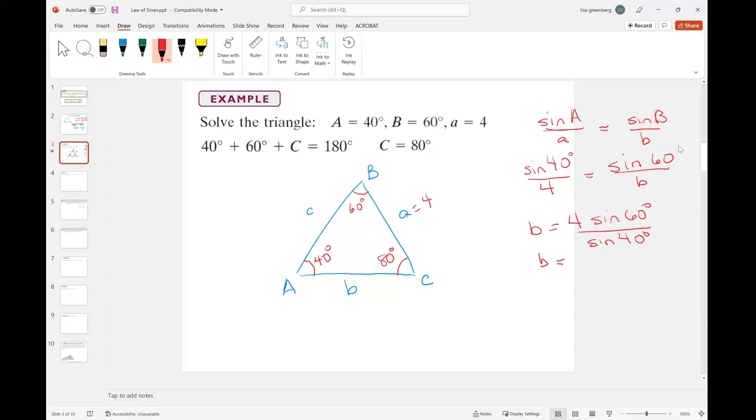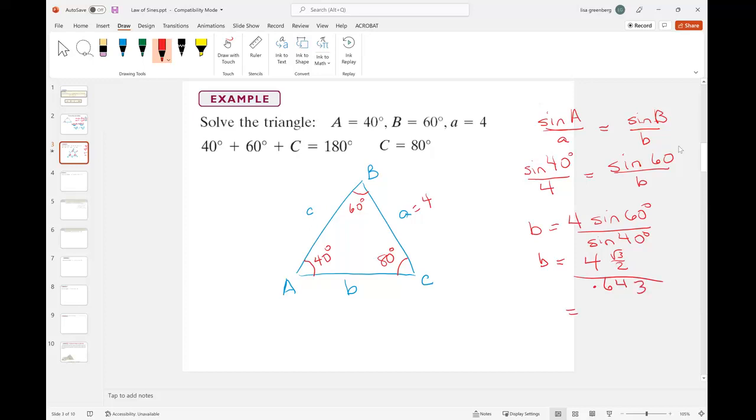And again, now we're in degrees. And the last time I used my calculator, we were in radians. So really always check. So I know the sine of 60 degrees is the square root of 3 over 2. So all I really need to know is the sine of 40 degrees, which is 0.643-ish.